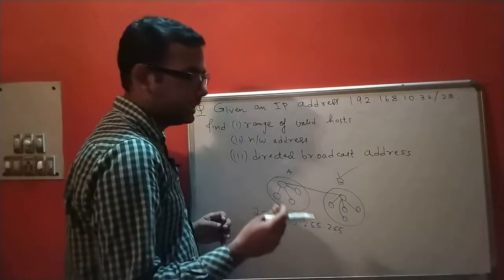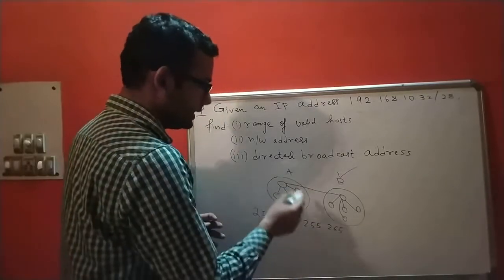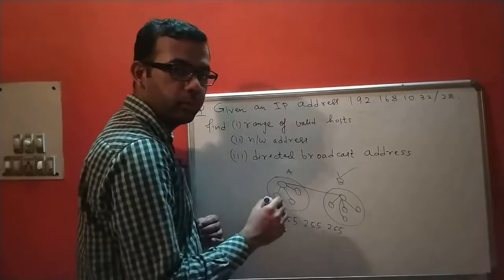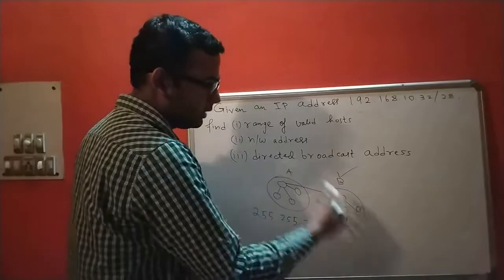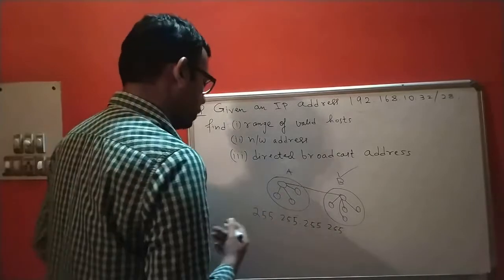This type of broadcasting is known as directed broadcasting. Sending it to all hosts in the same network is known as limited broadcasting. Sending it to all hosts present in another network is known as directed broadcasting.